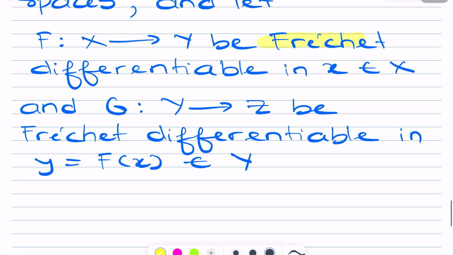So you have Banach spaces, you have differentiability of f in x, and then you also have Fréchet differentiability of the function g in y equal f of x.